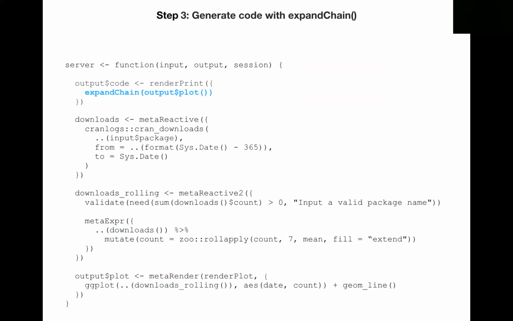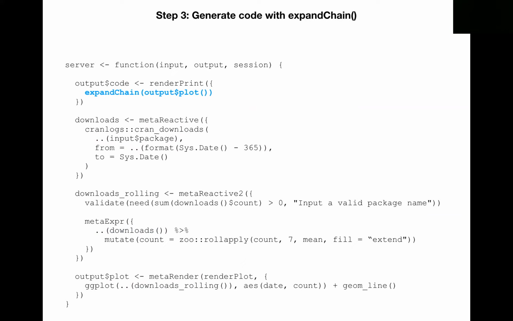And then really the last step is to use this expand chain function. I hate the name of this. The naming comes from an earlier version of Shiny Meta, where this name made more sense in terms of the mental model you needed to use.